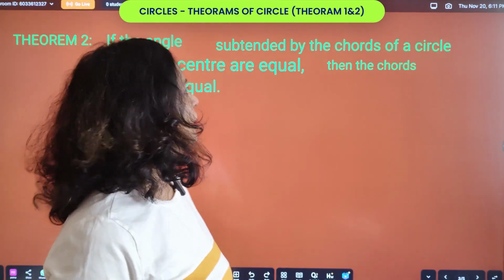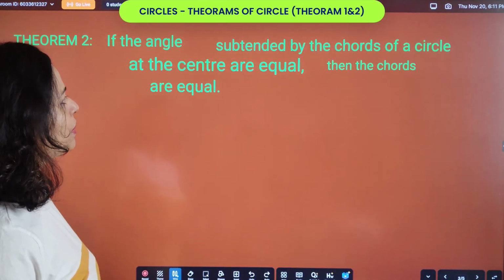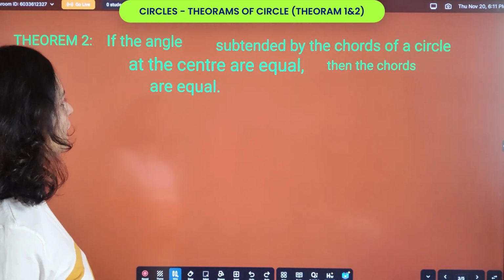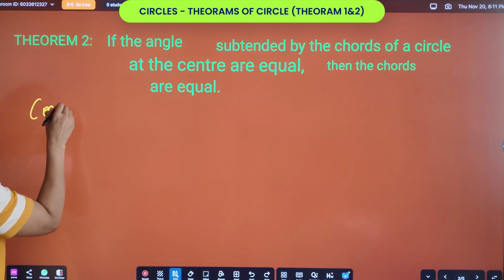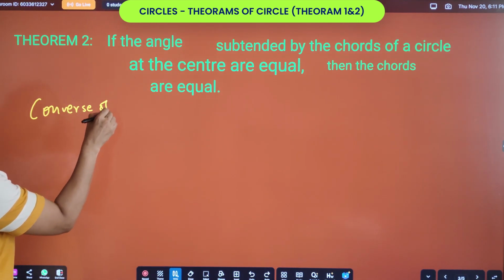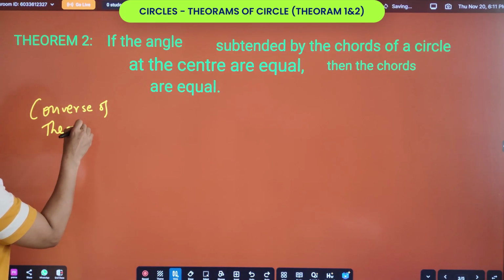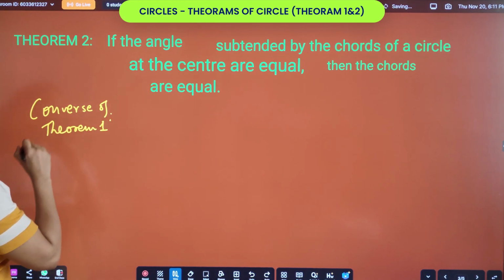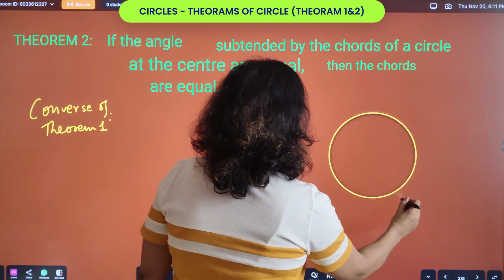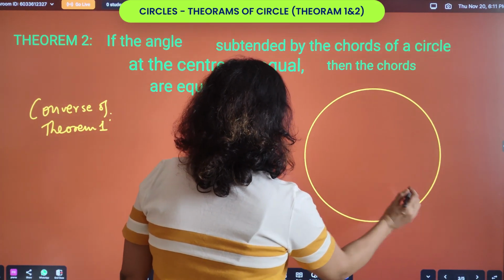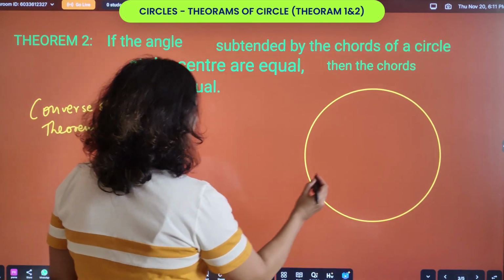Coming to the second theorem, which says if the angles subtended by the chords of a circle at the center are equal, then the chords are equal. This is actually the converse of theorem 1. I'll make a circle here. This is the center.